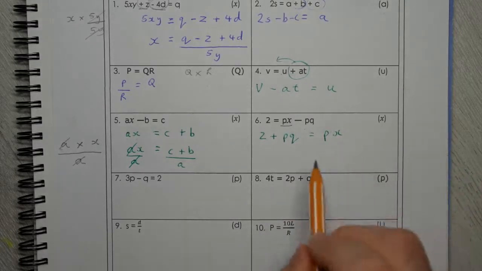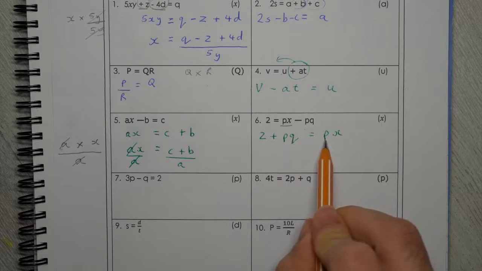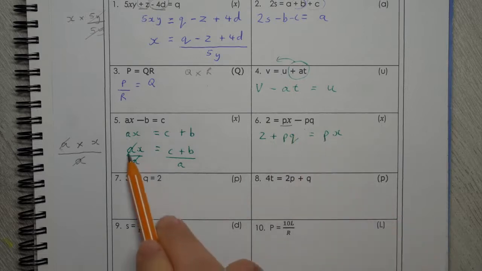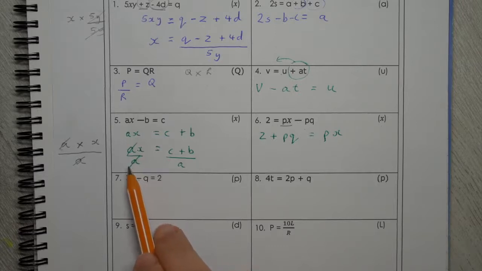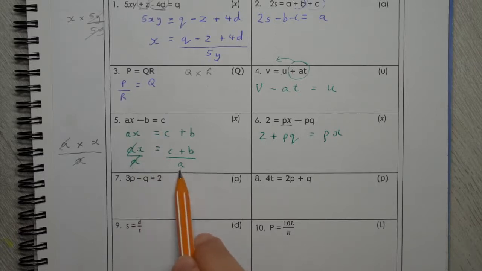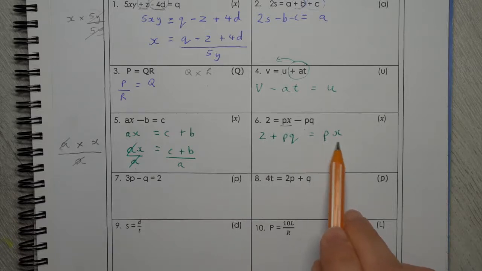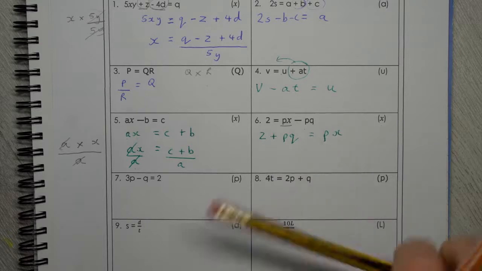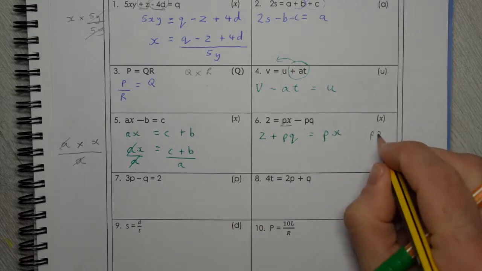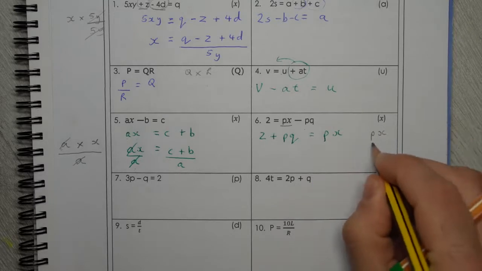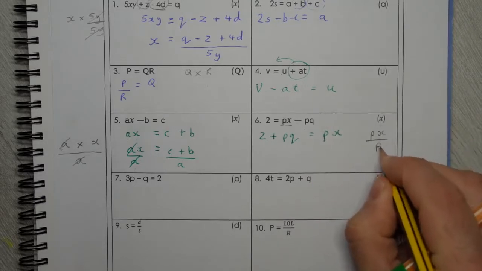Now, here we have p times x, as we did here. We have divided by a in that case, on this side and on this side. In this case, to eliminate p, we also have to divide by p. So what we are doing, but I'm not going to write it in the steps, is px on p.